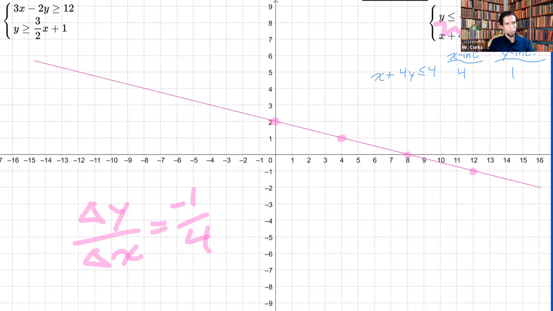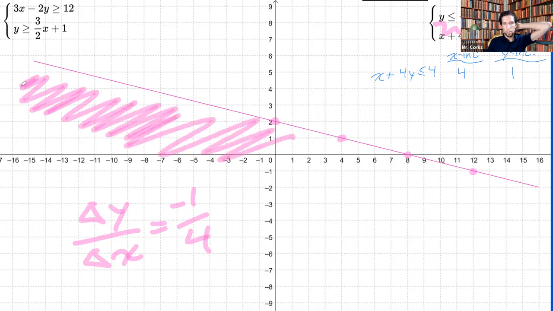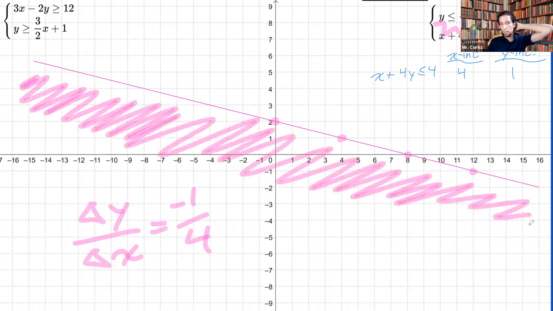Just trying to line this up. There. Okay, let's do the shading here first before we do the second one. Are we shading above or below this line? Below. Okay, so slope intercept form, this one's easier to see. Y must be less than or equal to this line, or equal, so solid line is fine. And we'll do our second one.